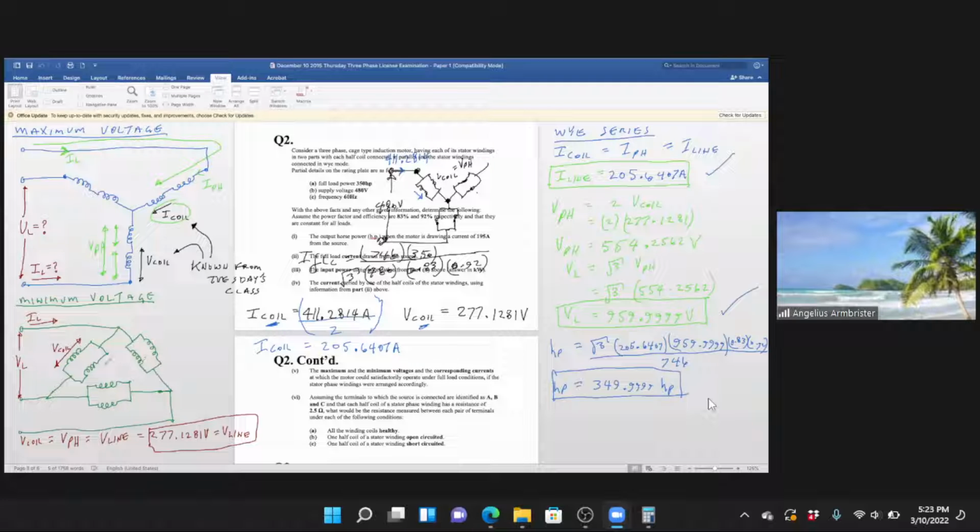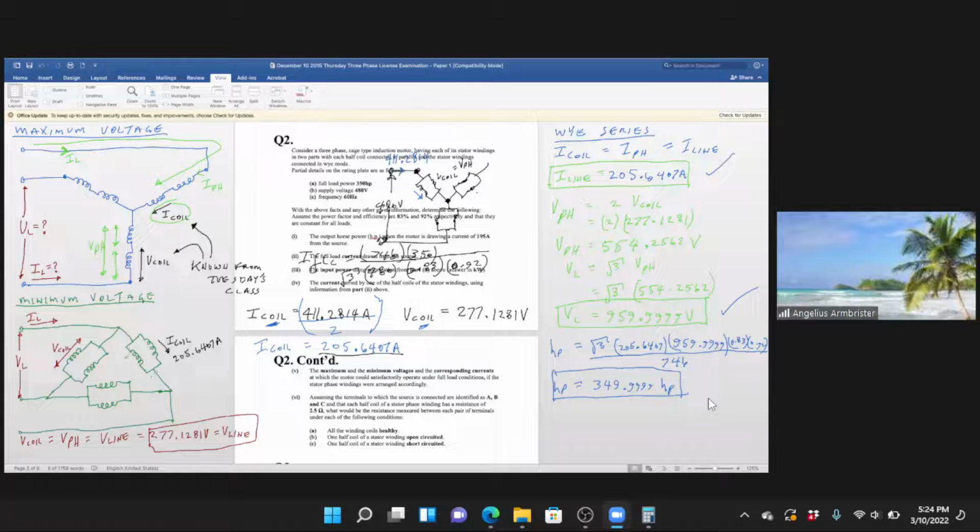Okay, and now you have to find the line current. Well, we know the coil current, which is this current. Let's change color. Let's go to black. This current right here, this is the coil current. This is I coil, which is this value here, 205.647 amps.